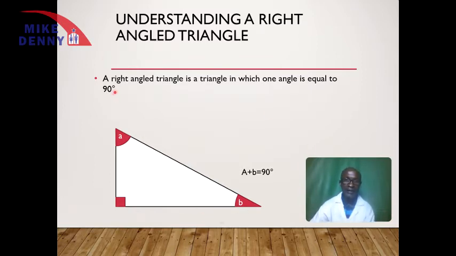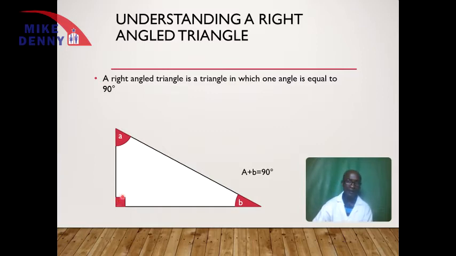A right-angled triangle is a triangle in which one angle is equal to 90 degrees. So if you have a triangle and you can identify one of its angles as 90 degrees, then it is a right-angled triangle. The symbol for a right angle is this square. Once you have this on a triangle, it is a right-angled triangle.